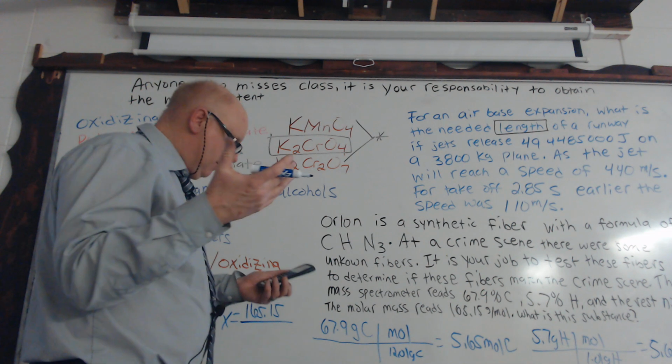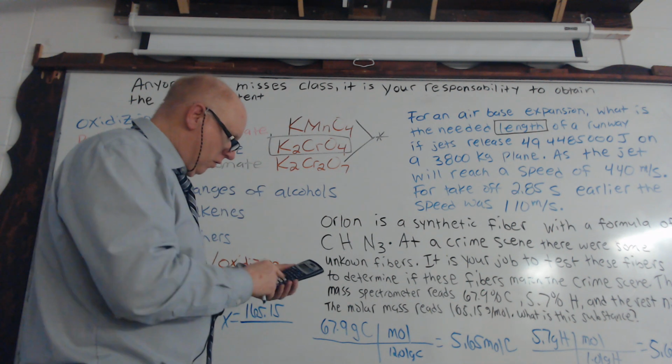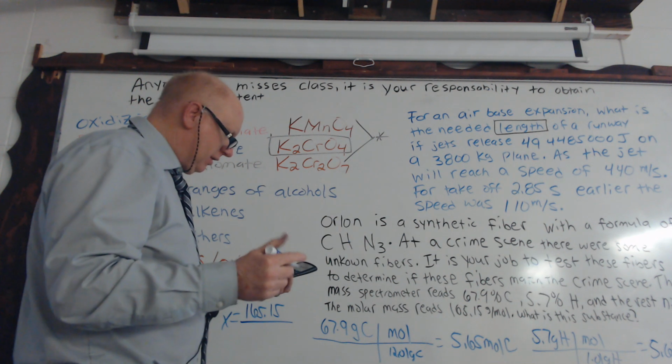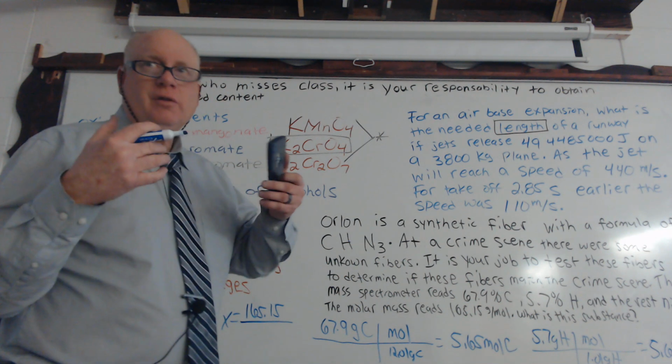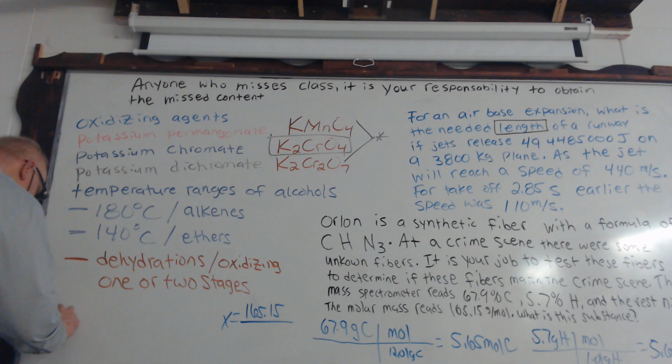You do the math in your head, or you would just hit minus 100, and it says minus 26.4. That's just two different ways of saying the rest of that is nitrogen, which is 26.4 grams.